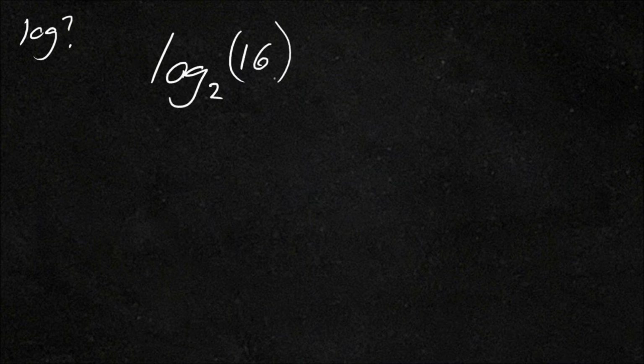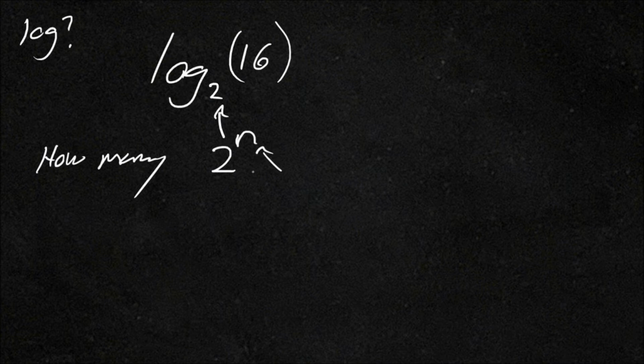But what does a logarithm actually mean? If you had the example log to the base 2 of 16, what this is asking is how many 2's, which is our base, do you need to times by, so what value of n are we looking for, to get to our value here, 16.